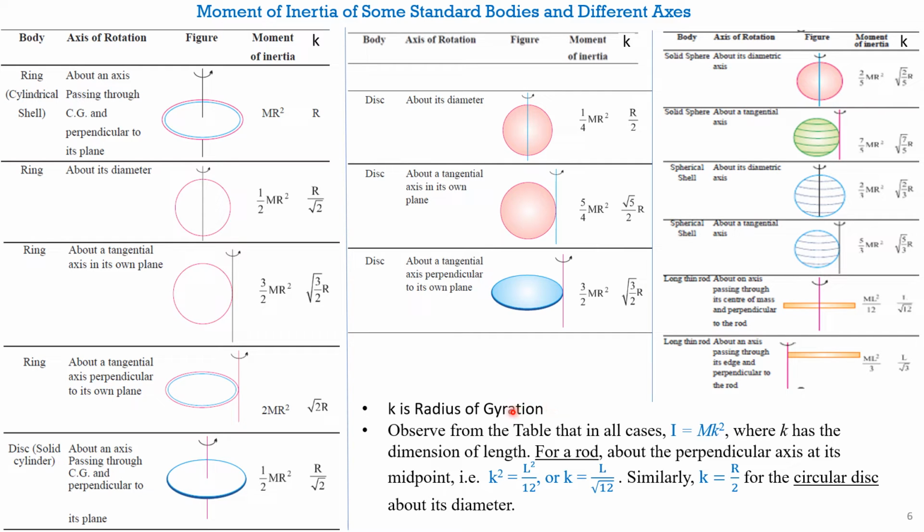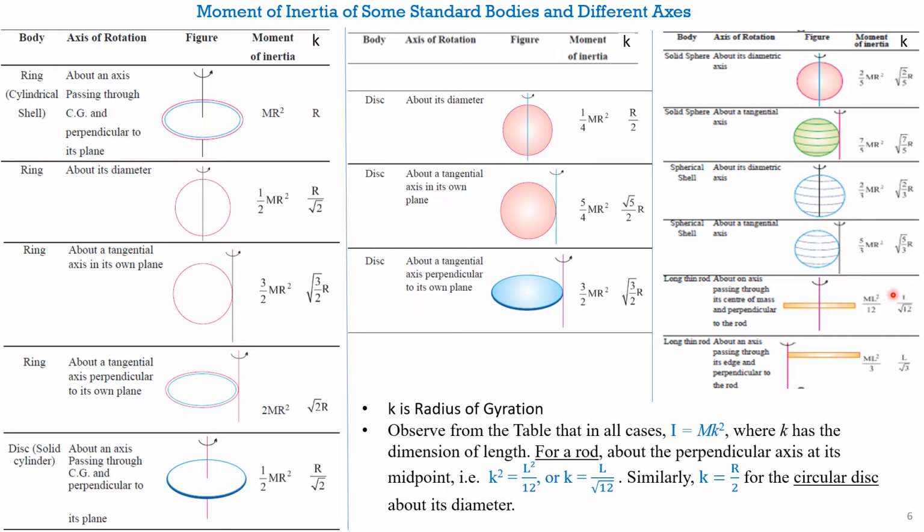Hence, small k is the radius of gyration, and observe from the table, column number 4, that we can write moment of inertia as I is equal to M k square, where small k has the dimensions of length. For a rod about the perpendicular axis at its midpoint, that k square is equal to L square by 12.